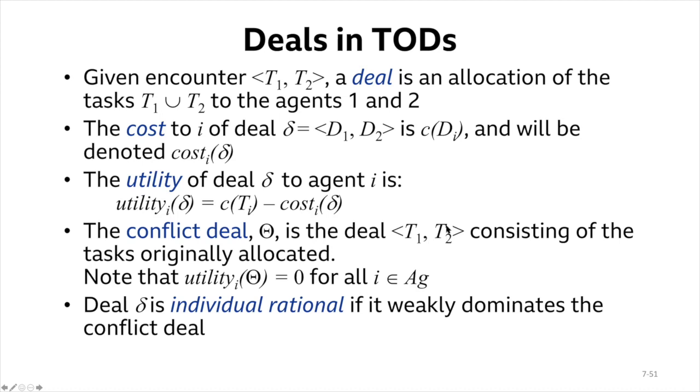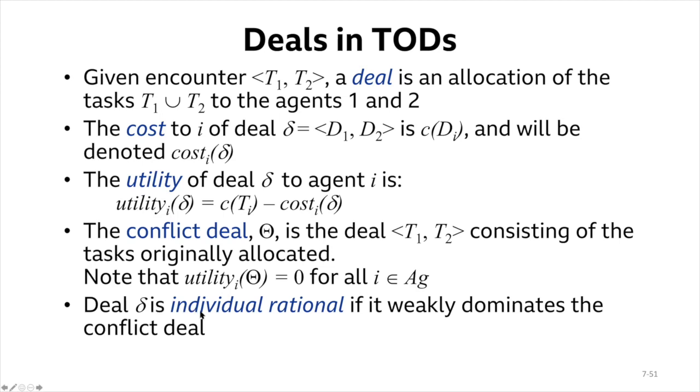So if negotiation falls apart, the worst that happens for robot 1 is that he just does the task that he was originally allocated, and robot 2 just does the task that he was originally allocated. And you'll notice that the utility of the conflict deal theta is going to be 0 for all agents, because it's just the difference between the tasks they were originally allocated and the tasks in the conflict deal, but those are the tasks that were originally allocated.